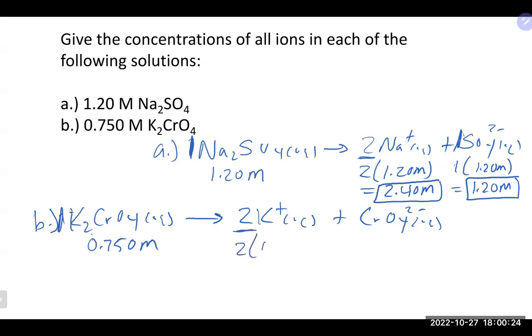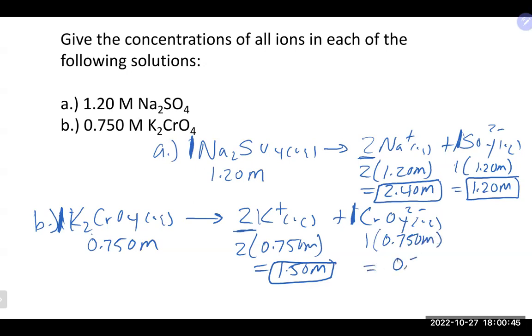So we will multiply this concentration by 2. And I think that gives us 1.50 there. And between the whole thing and the chromate here, it is again a 1-to-1 relationship. So we would take the concentration and multiply it by 1, which is sort of the short calculation there, and gives us 0.75 molar. Any questions on any of those there?